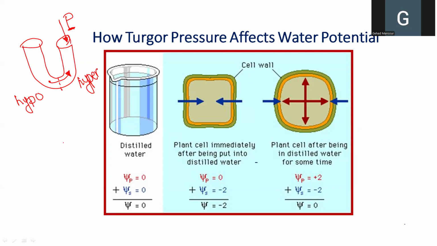This applies in vitro and also applies in plants and animal cells. But here we're going to see how turgor pressure will affect water potential. In such a case, the turgor pressure will be comparable to the pressure we apply in addition to the atmospheric pressure, or we applied in our previous experiments.